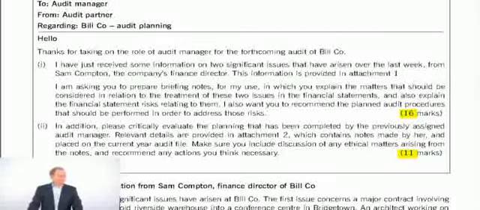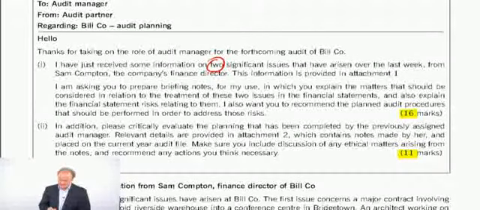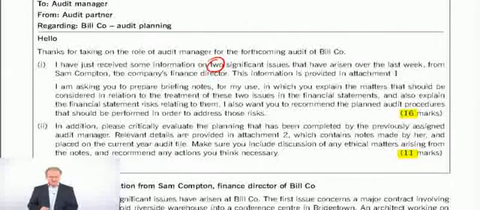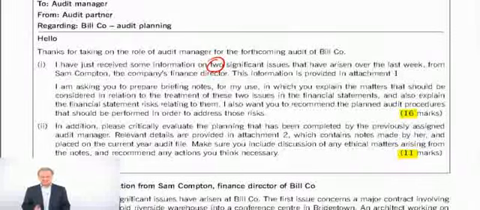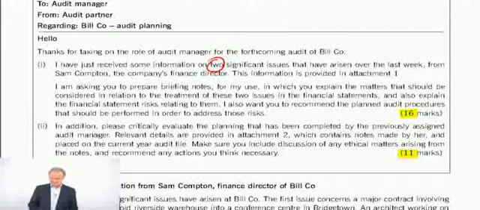Part 1. Excuse me, still throat problems. I have just received some information on 2 significant issues that have arisen over the last week from Sam Compton, the company's finance director. This information is in attachment 1.